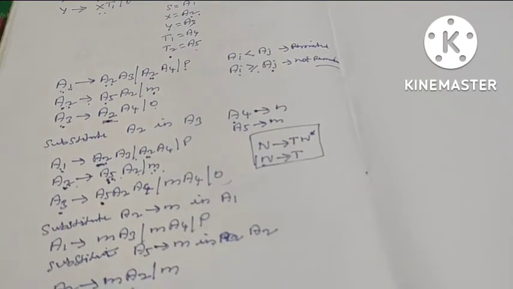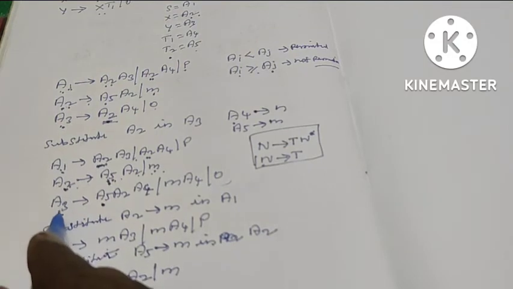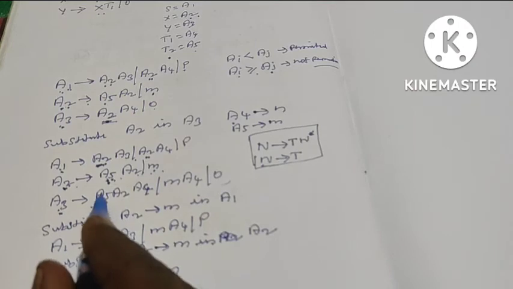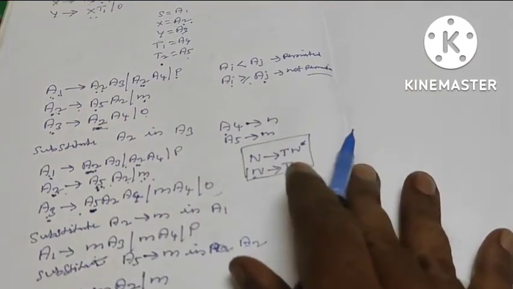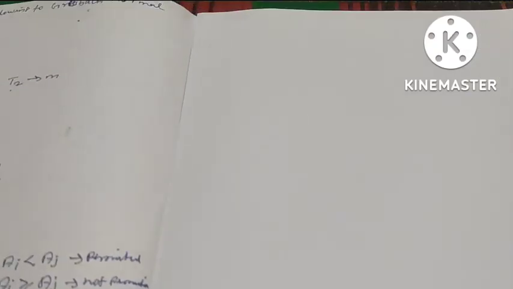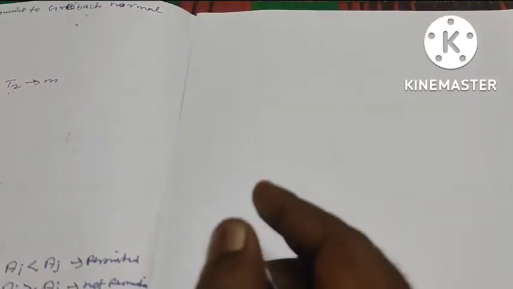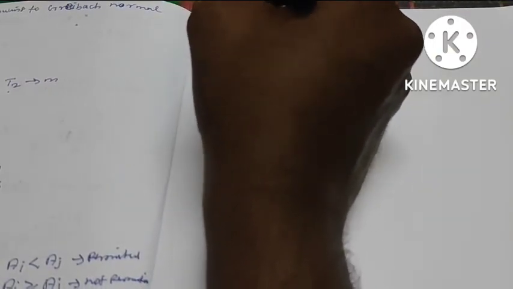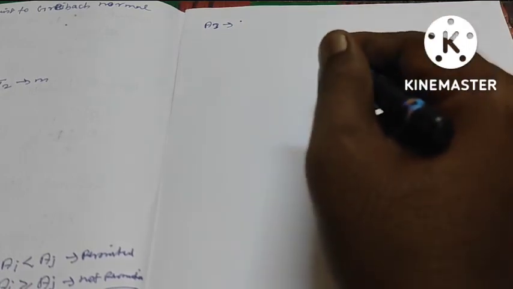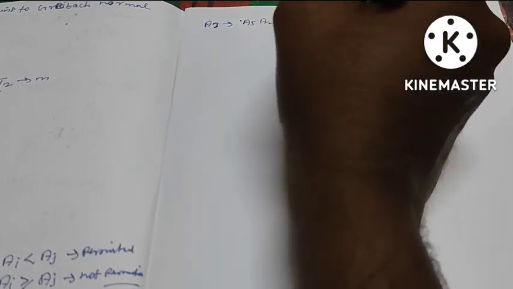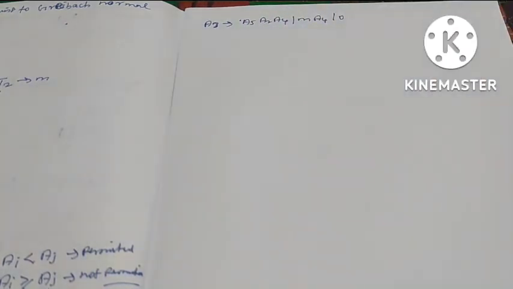Now when you closely observe the third production here, A3 tends to A5 A2 A4 bar M A4 bar O. This is not in Greibach normal form, so we have to replace this.